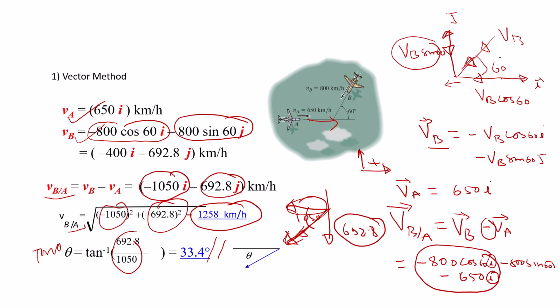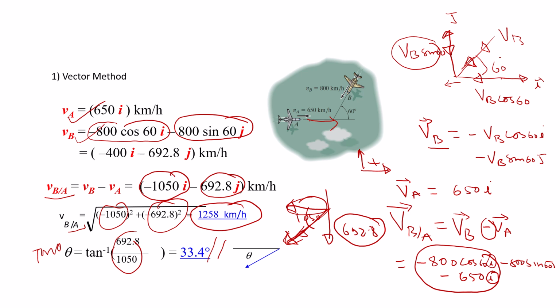So this is how we can find the velocity of B with respect to A using the vector method.